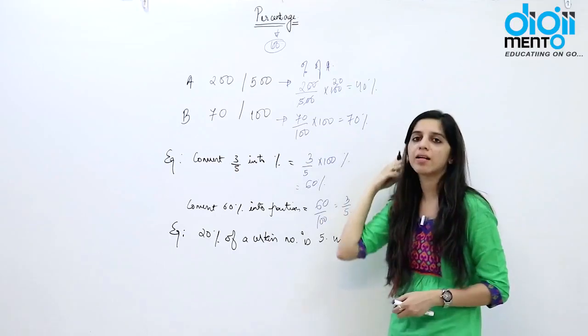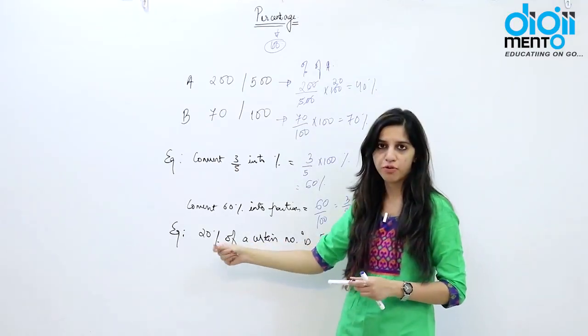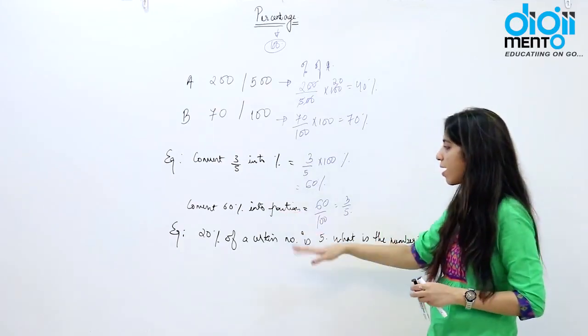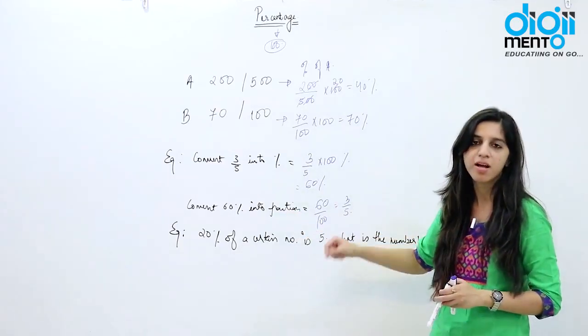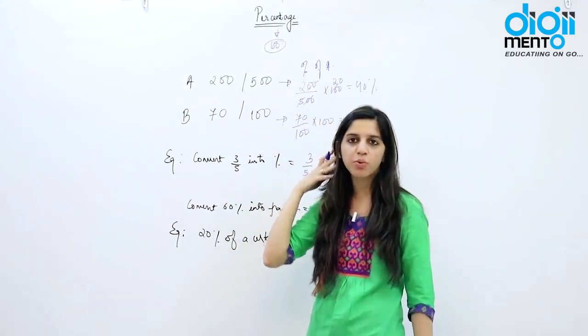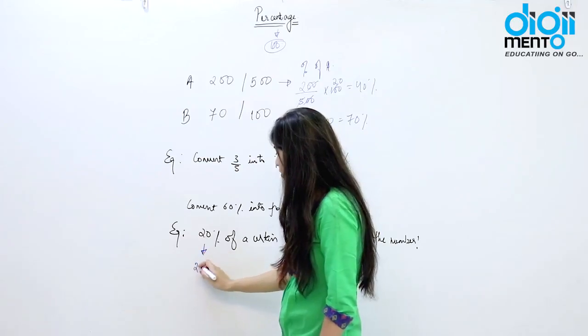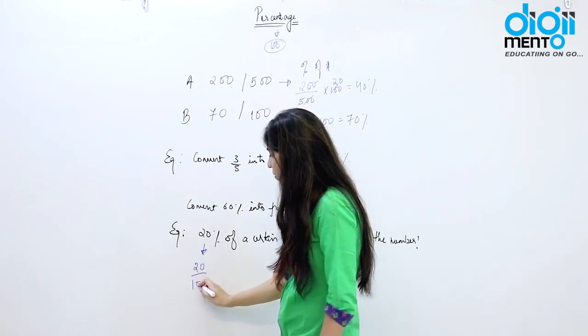So I am saying that there is a number of which 20%, or 20 by 100 parts of that number, is going to be 5. Then what is the number? See, firstly I convert it into fraction. How do you convert it into fraction? You remove this percentage sign and divide by 100.